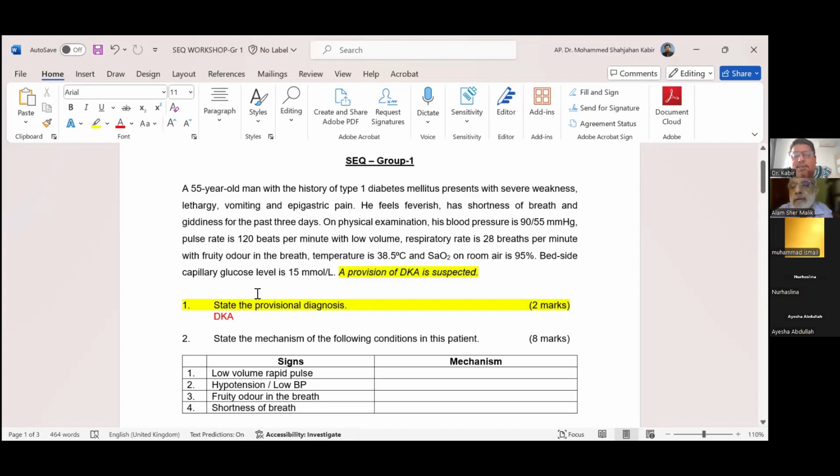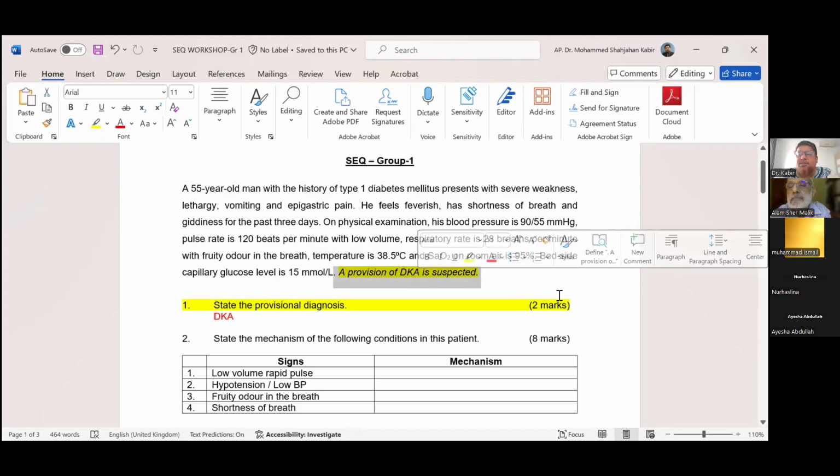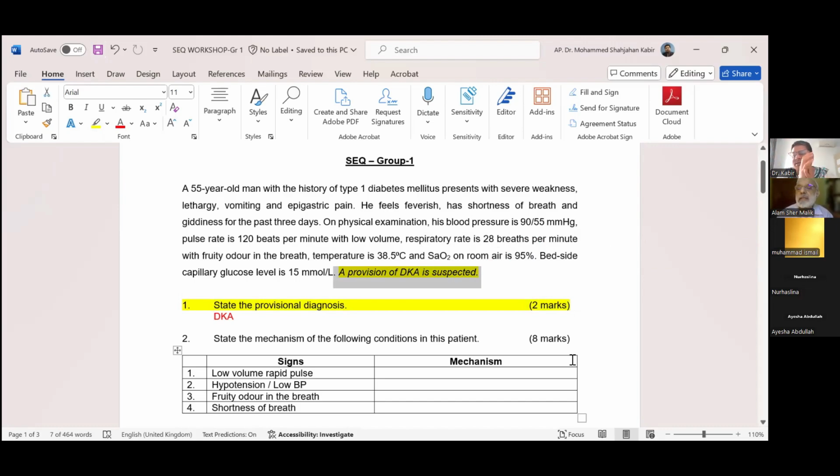Sir, I have a question. It means that in SEQ, the question should be finished with this kind of provisional diagnosis, right? Yes. Then there is no chance to ask this question, right, sir?